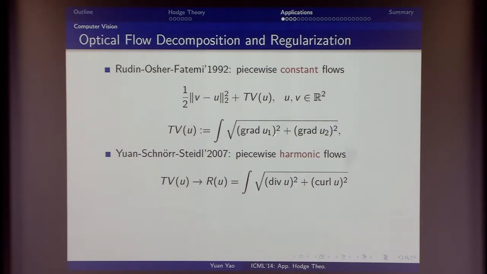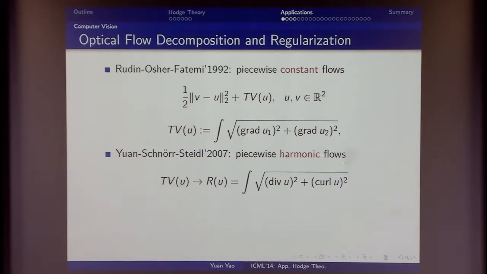In other languages like statistics, you can call it a group lasso. So this favors a piecewise constant flow. But why do we use total variation, a piecewise constant flow, to approximate the original image? The intuition is that a piecewise constant flow may help you preserve the edges in the image.